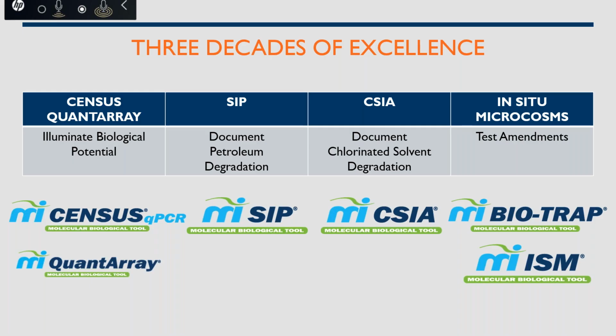We also offer stable isotope probing, where we can document degradation of hydrocarbons and some emerging contaminants. Compound-specific isotope analysis, or CSIA, can help us document chlorinated solvent degradation. And then there are ways where we can test different amendments in situ. We offer in situ microcosms, so rather than doing a bench scale study, we can do something in the field to test the effectiveness of different treatment conditions so we can understand what's happening before we implement a treatment full scale.